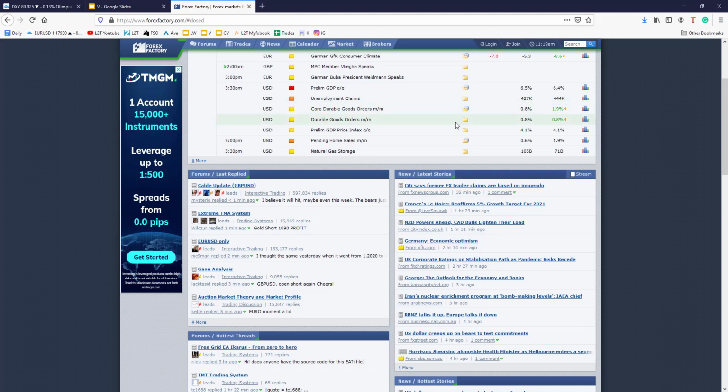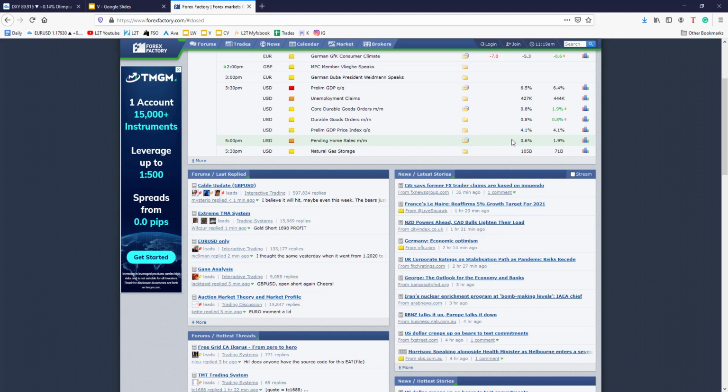Also, the durable goods orders, the specialists are expecting a 0.8% growth. Also, the core durable goods orders could increase by 0.8%, below 1.9% growth in the former reading period. Also, an important economic indicator, pending home sales.